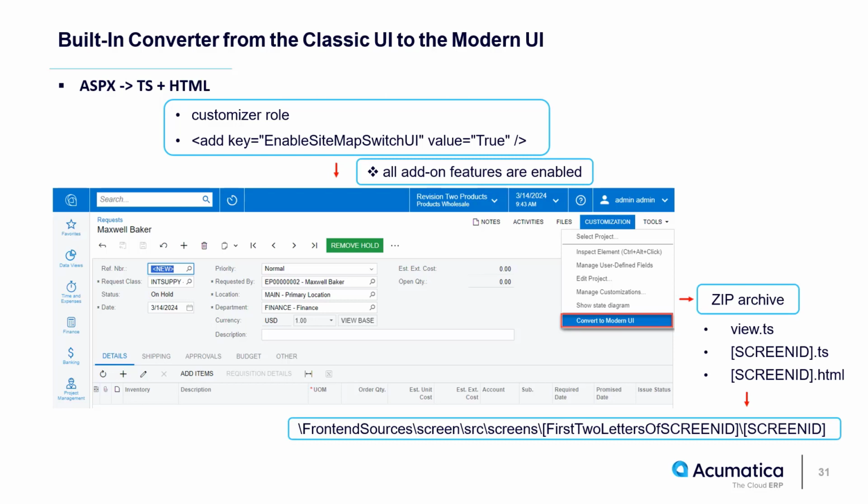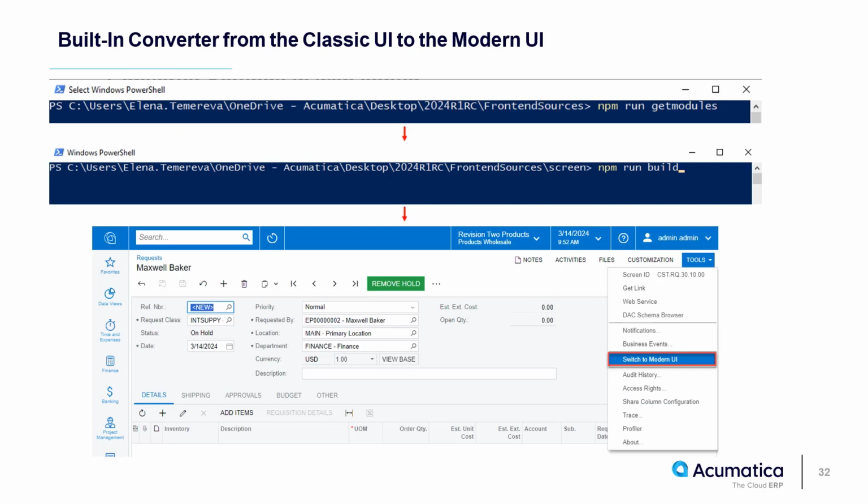And after that, you will need to build the front-end sources. You can do that by running npm run get modules command and then npm run build. If everything was successful, your screen now has the modern UI counterpart.